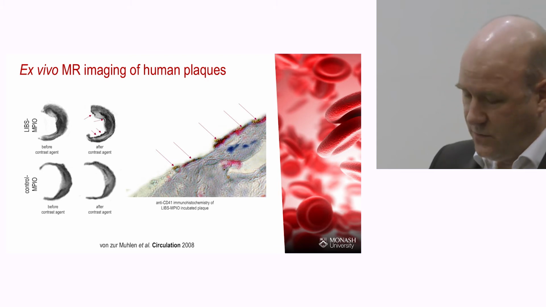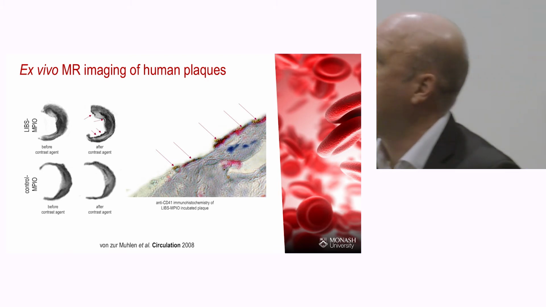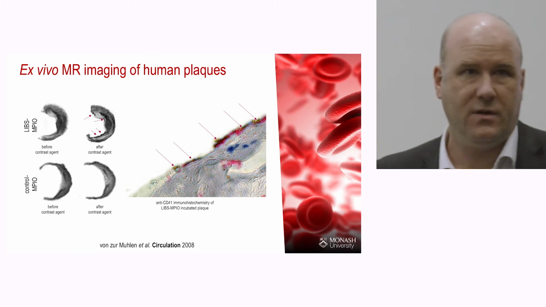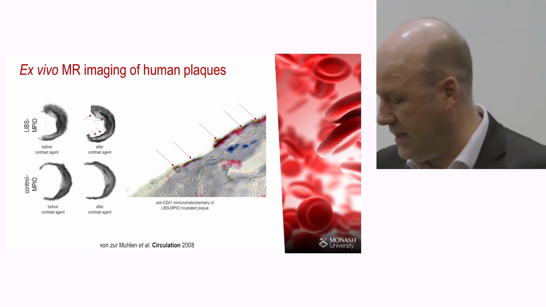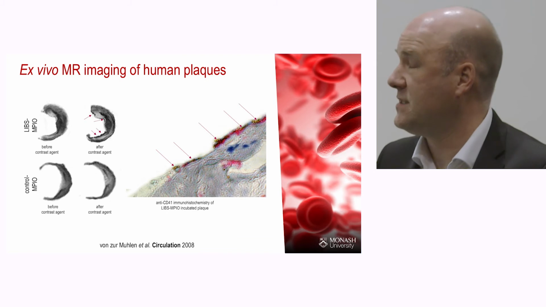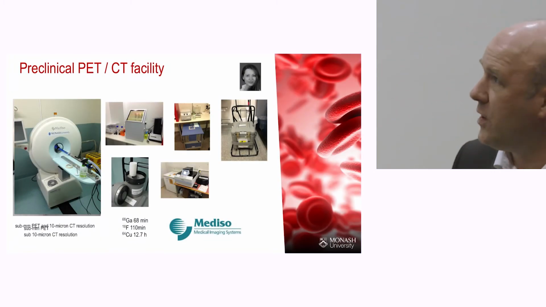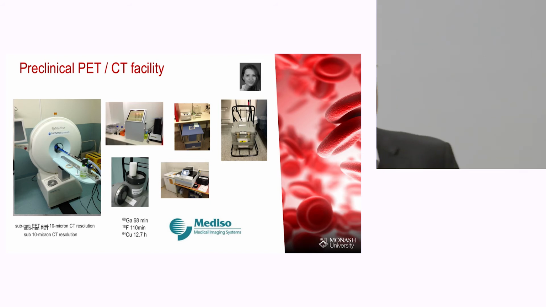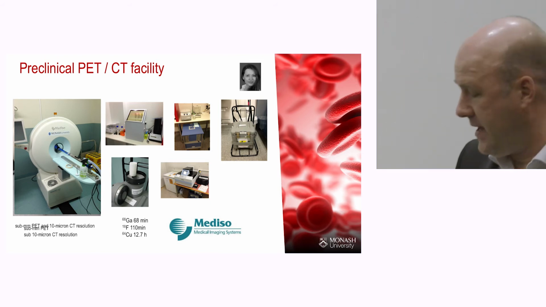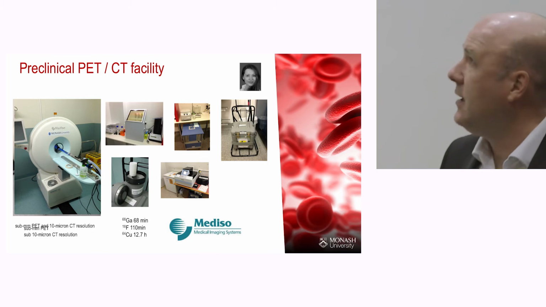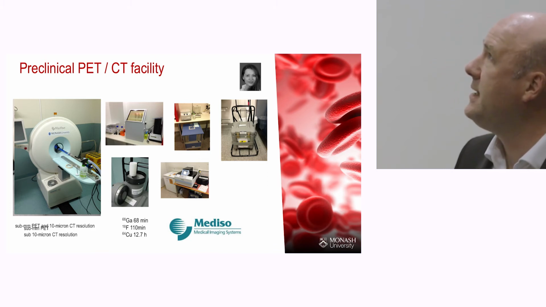And realizing that, we rapidly, after our first MRI experiments, moved into PET, because PET with radiotracers has a much, much higher affinity and specificity and also sensitivity. So we have one of the most productive PET facilities in the country, I think, driven mainly by my former postdoc and now lab head at ACBD, Karen here.